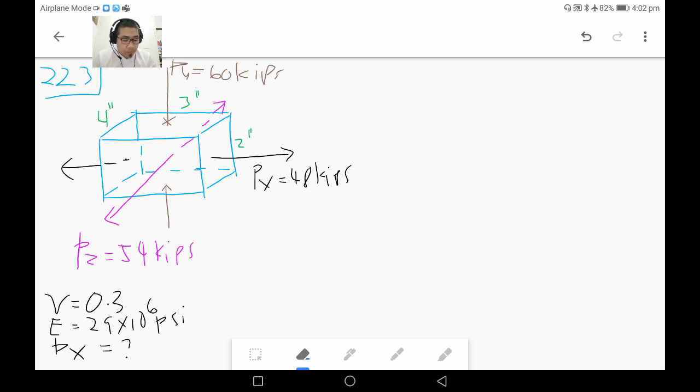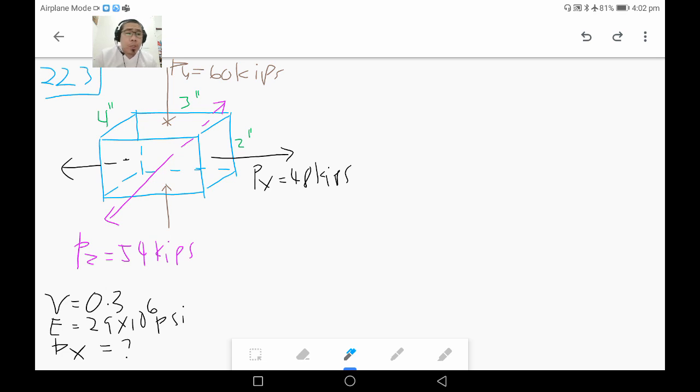So sabi niya, if the Poisson's ratio is 0.3, and elasticity is 29 times 10 to the 6 psi, determine a single force uniformly distributed load in the x direction that would produce the same deformation in y direction, no?